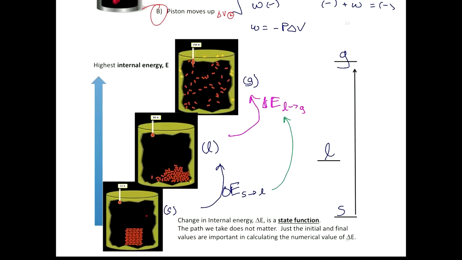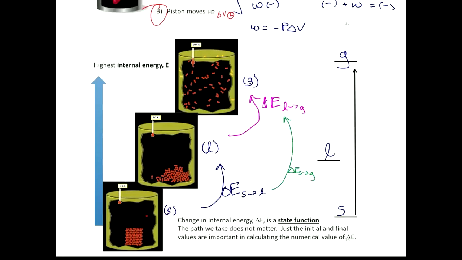It doesn't matter the pathway we take. We can go straight from a solid to a gas, or we can go from a solid to a liquid, then to a gas, and it requires the same amount of energy in that stepwise process. So these two processes, if you add them up, are the same amount of energy to go straight from a solid to a gas. That's the idea that changes in internal energy is a state function.